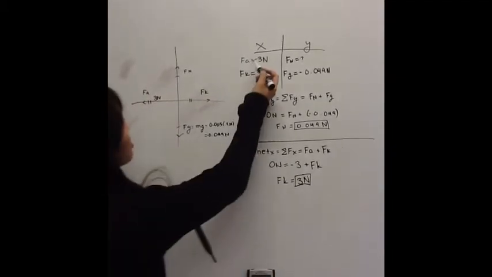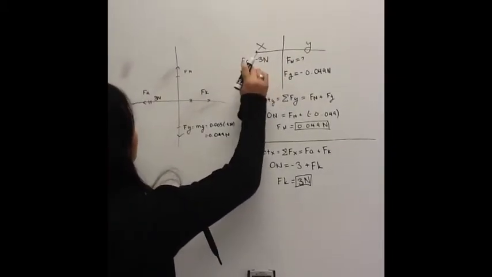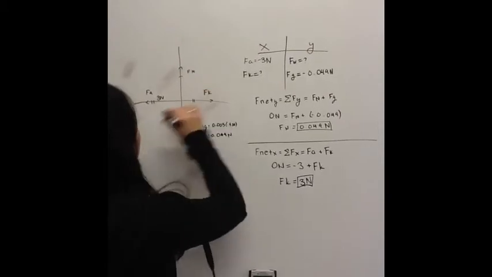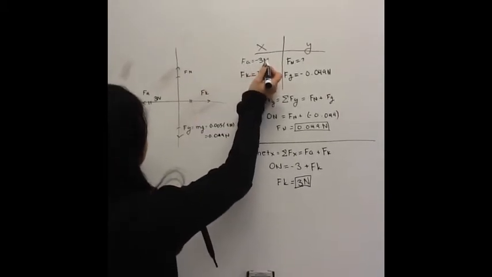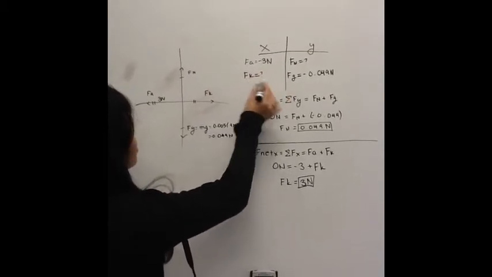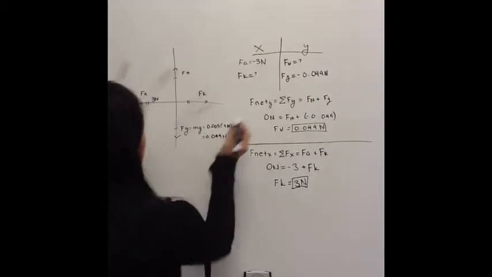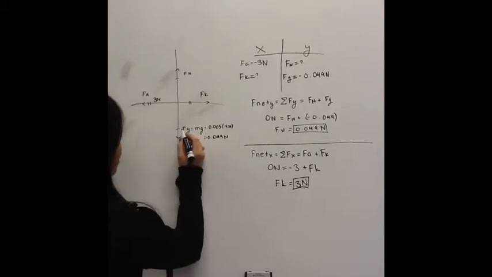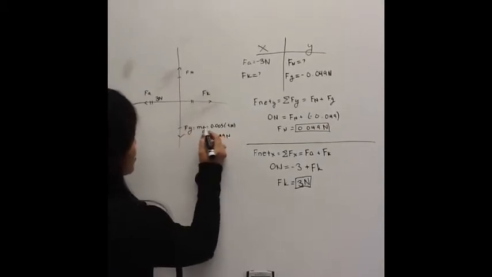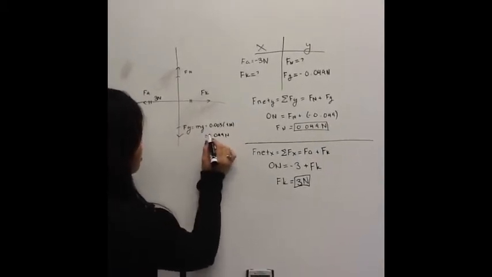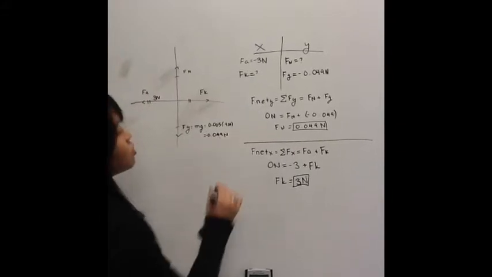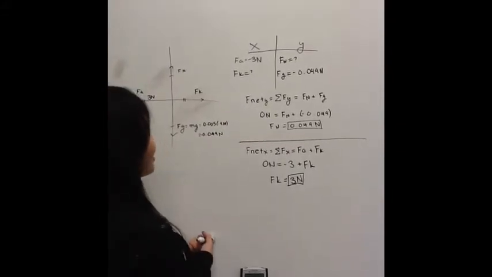So for the x direction, we know that the applied force was equivalent to -3 newtons, but we don't know the kinetic friction. And then for y, we don't know the normal force, but from the previous videos, we know that the force of gravity is the mass times the acceleration, which is -0.049 newtons for the force of gravity on the seaweed.